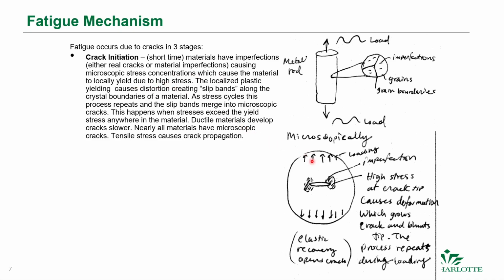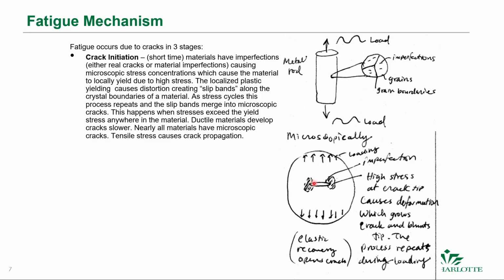That's shown here. If we have a tiny little crack that has initiated, and we zoom in on that very tiny crack that you may not even be able to see with your eyes, when it experiences loading, the crack tip is a sharp point and you have extremely high stress at that tip, which causes deformation.